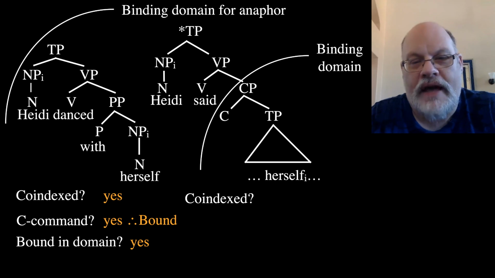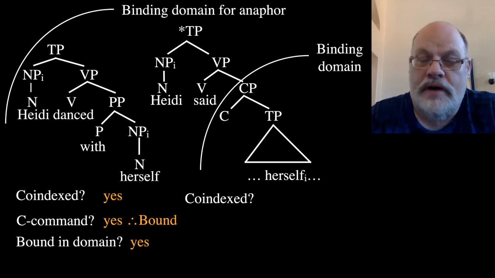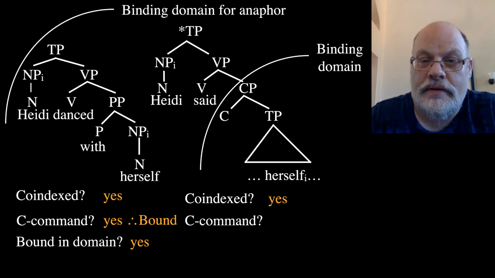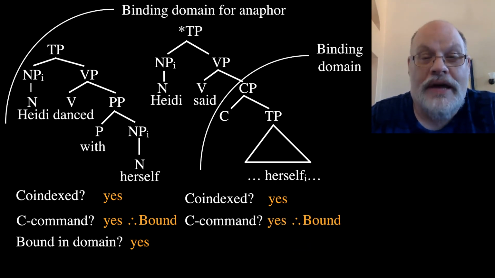Let's contrast that with the second sentence, the one where Heidi said that herself danced with Art. First of all, is it co-indexed? Yes, it is co-indexed, just as it is in the other tree. Is it C-commanded? And yes, this is true here as well. So it is indeed bound.